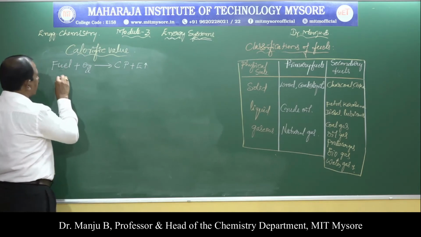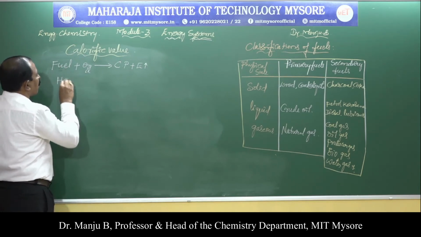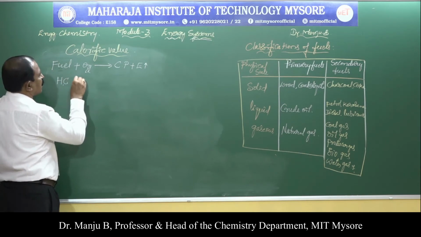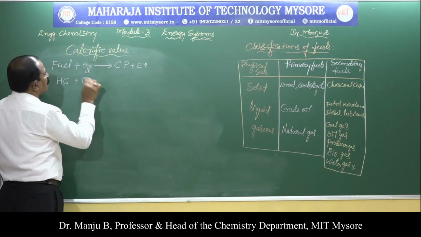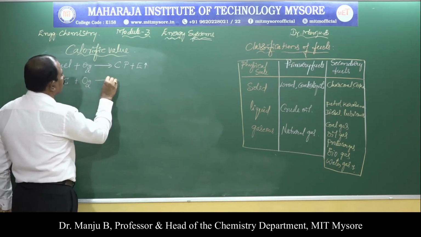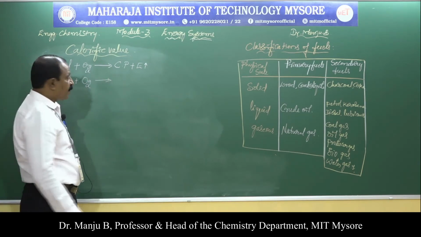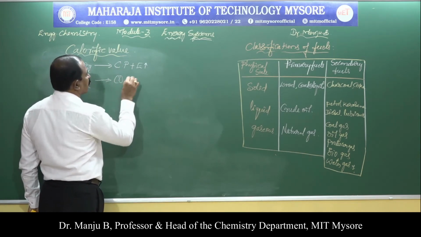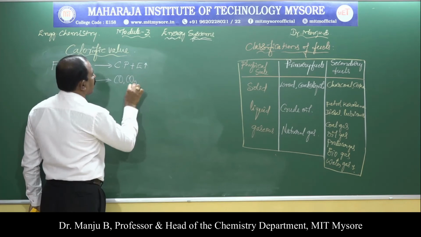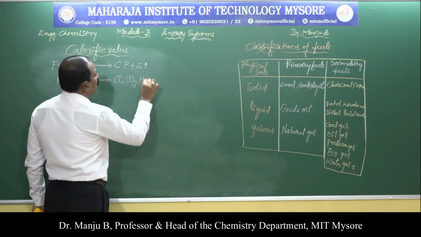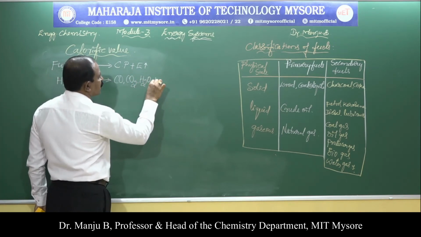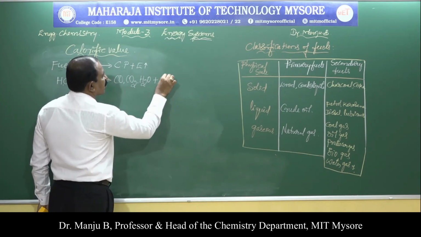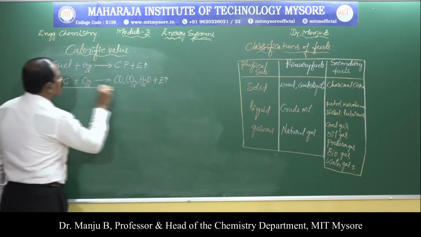Fuel contains, in general, hydrogen and carbon. These hydrogen and carbon undergo combustion in presence of oxygen or air. The combustion products may be carbon monoxide, carbon dioxide, or water in the form of steam, plus energy. That is the chemical reaction.